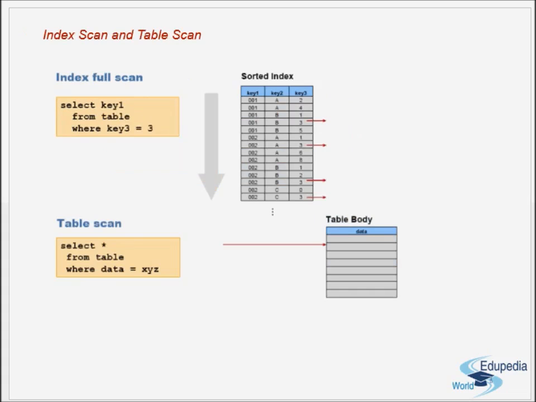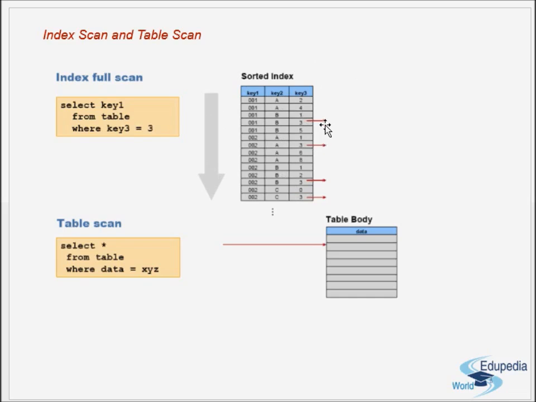Now the next one is index scan and table scan. Here we have given select key 1 from table where key 3. We have to select only key 1, and we have given only the value of 1 column in the table, so then it will do a full scan.